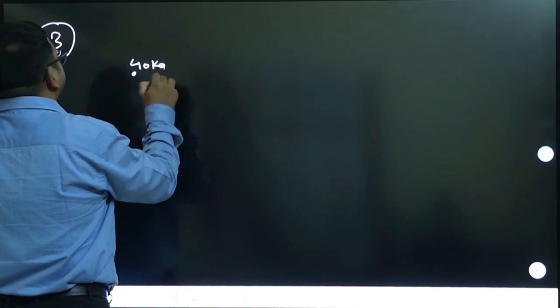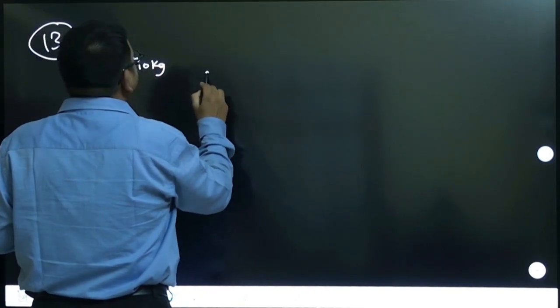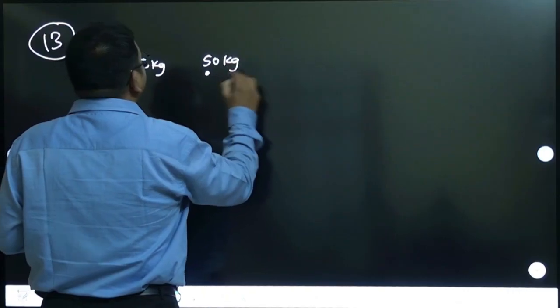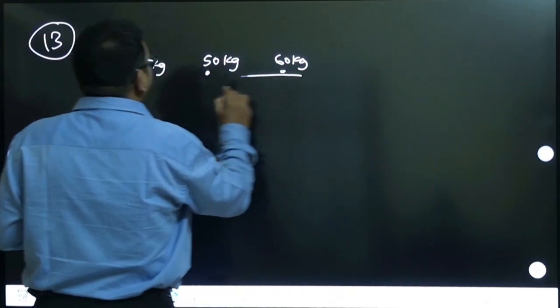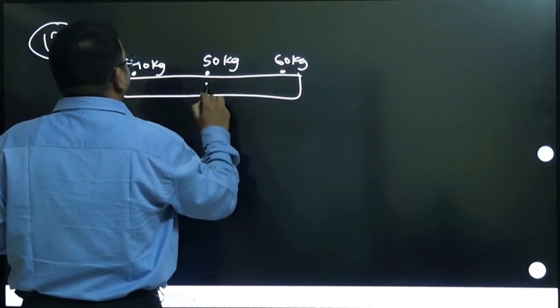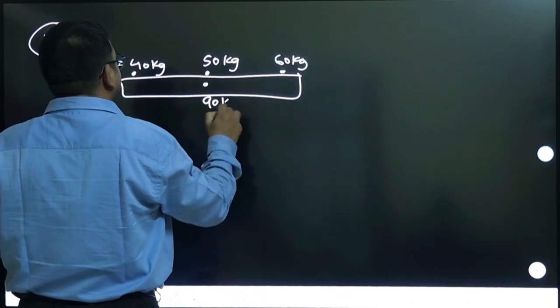Question number 13. Three persons are there. So this is like 40 kg, this is like 50 kg, and this is like 60 kg. And there is a plank. Plank mass is 90 kg.